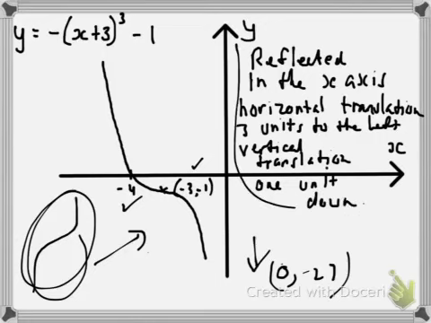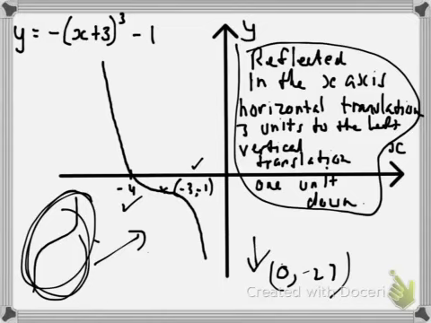Okay, so that's what we've done to that original graph of y equals x cubed, this one here, to create our graph of negative x plus 3 cubed take 1.